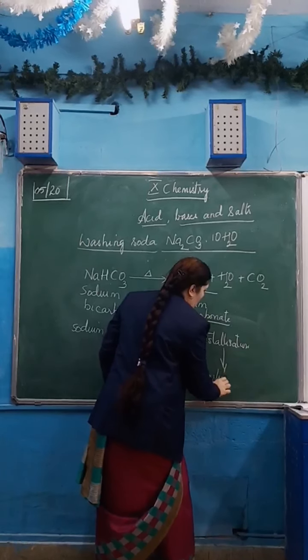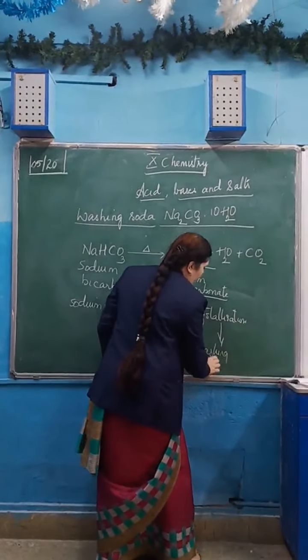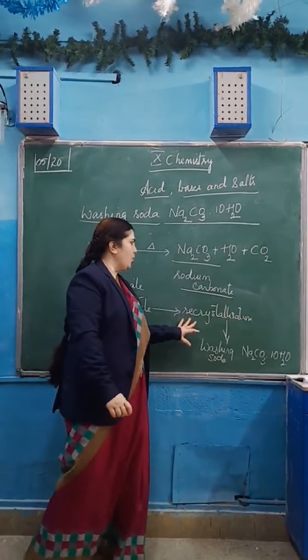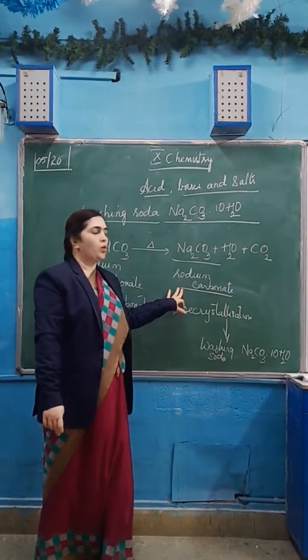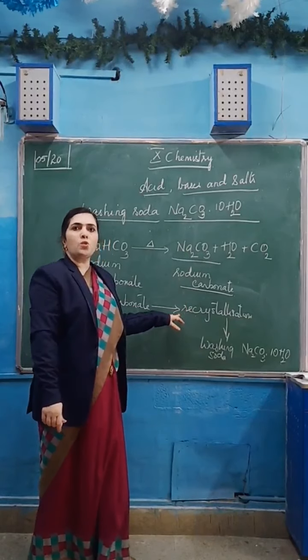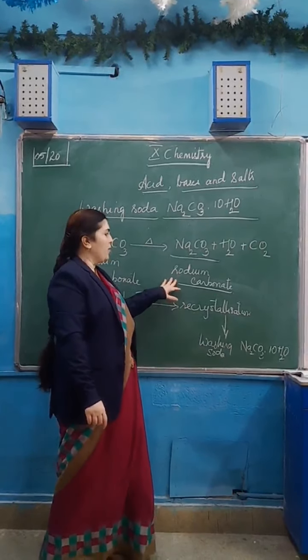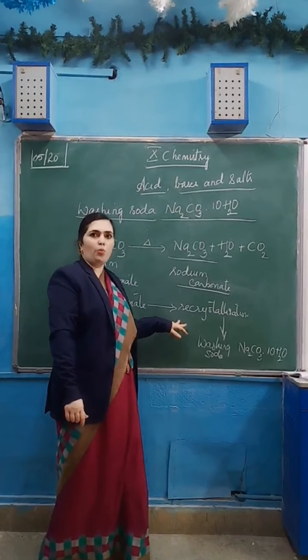What is the formula of washing soda? Na2CO3.10H2O. So what is recrystallization? Recrystallization is dissolving the sodium carbonate you have obtained in a small amount of a suitable solvent in which it can dissolve, in this case water.